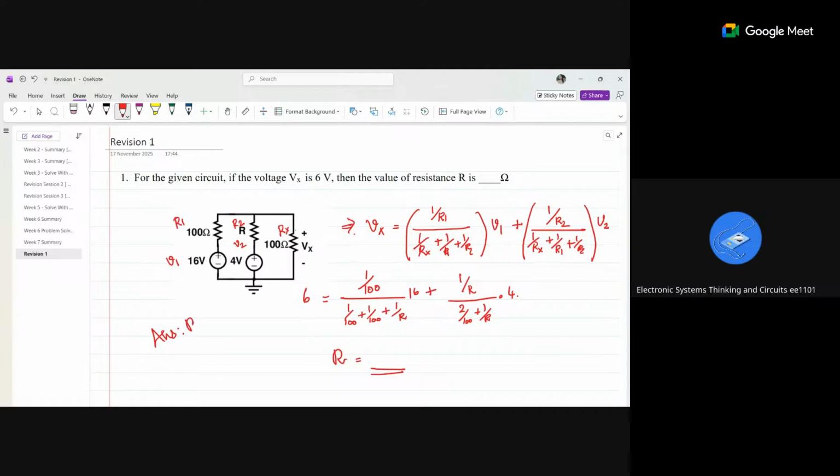And the answer is R is equal to 50 ohms. Calculations you can do, right? Shall we move to the next question? Yes, ma'am.